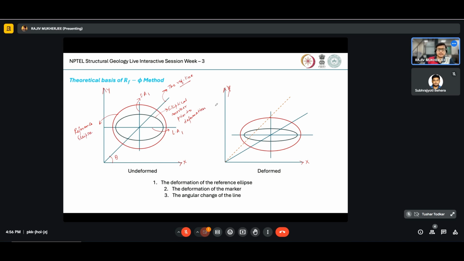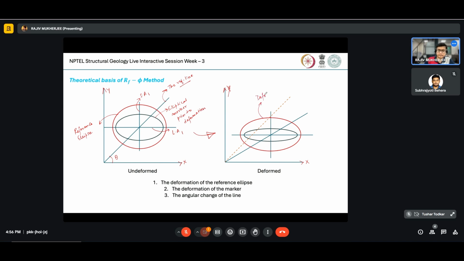And when the marker is deformed, the outer ellipse, or the reference ellipse, is also deforming. And the deformation of this reference ellipse, or the changes in the aspect ratio of this reference ellipse, will be considered as the strain ellipse itself.